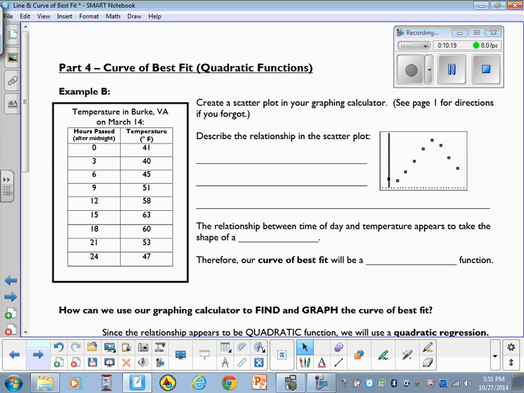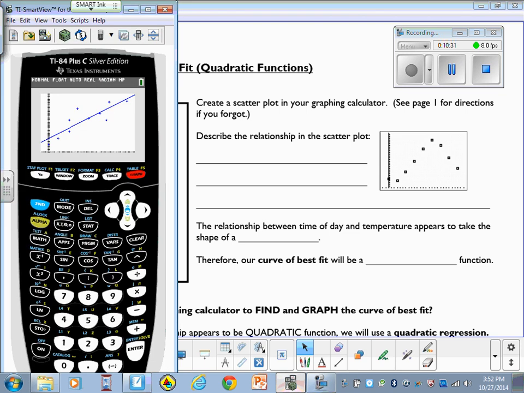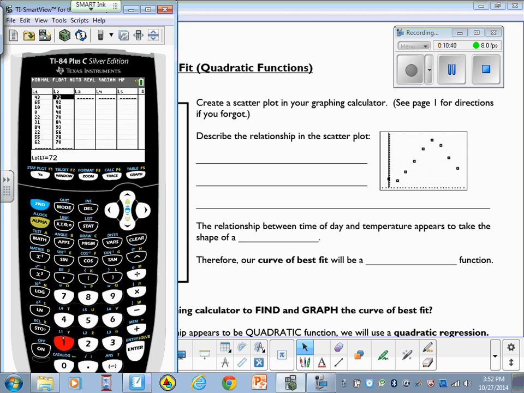Okay, let's look at curve of best fit. So let's start by creating a new scatter plot. Graphing calculator. I'm going to go to y equals, and I'm going to clear out that line. I'm going to go to stat, edit, arrow up and clear out the data from before.